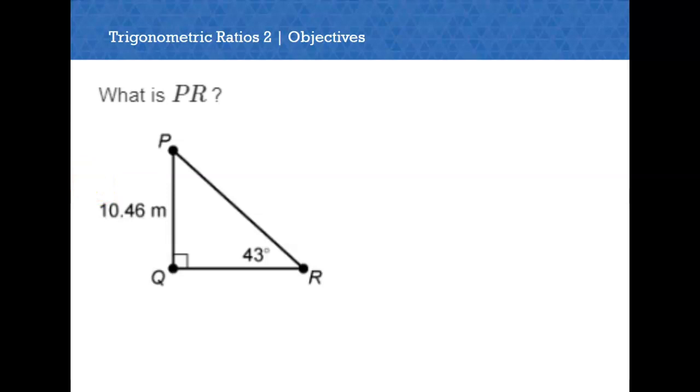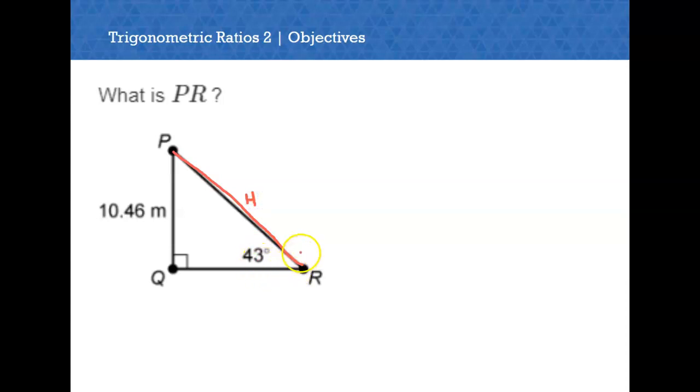For our first question, it says, what is PR? So it's asking us for PR. The first thing that we notice is that PR is across from the 90-degree angle, so it is the hypotenuse.